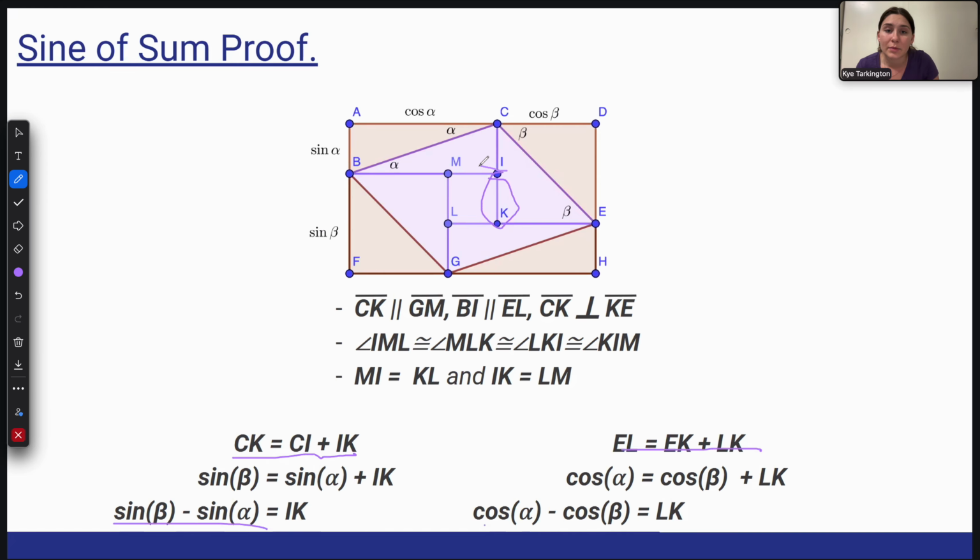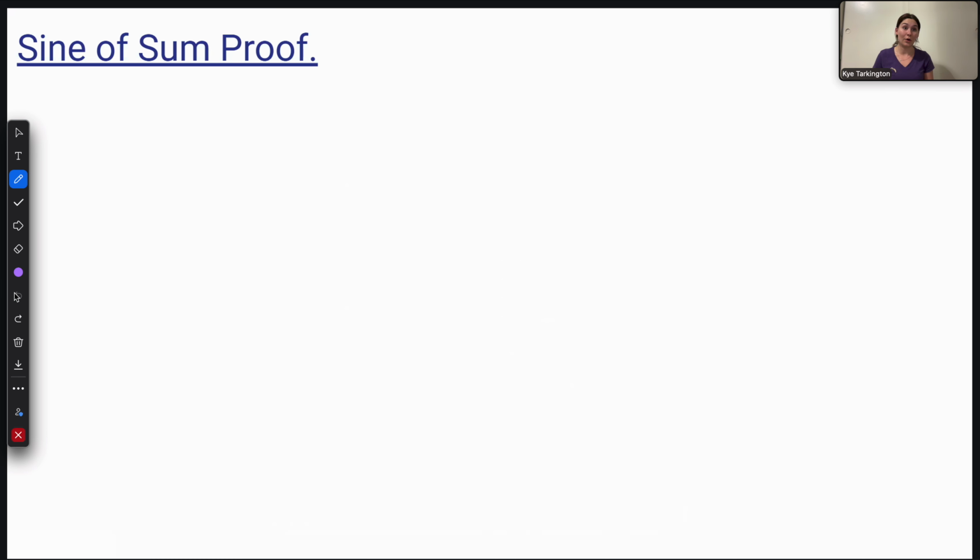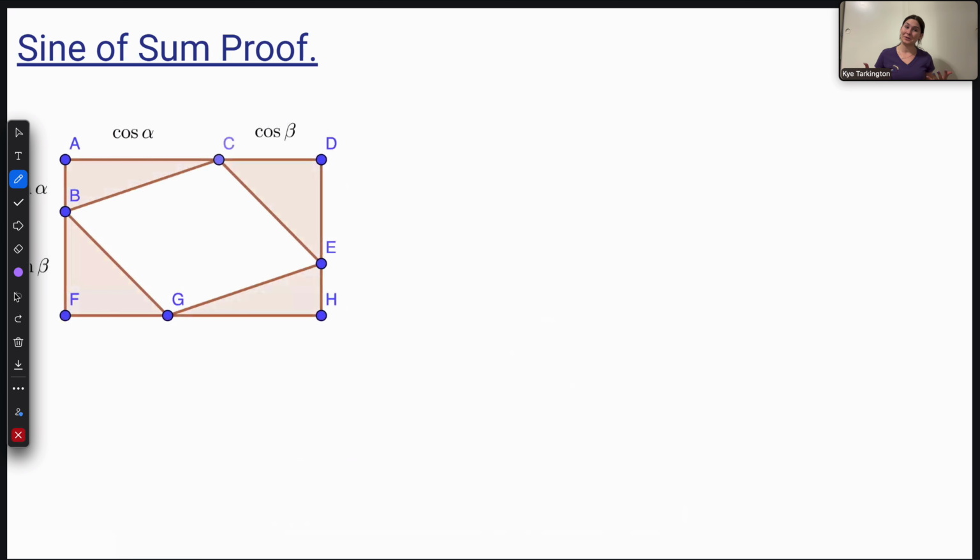And then this segment right here, doing subtraction using the betweenness definition, we have that LK is equal to cosine of alpha minus cosine of beta. And now we have a basis to go off of for our quadrilateral MIKL. We know the dimensions now. We know what defines it. So we know how to prove that it's congruent to something.